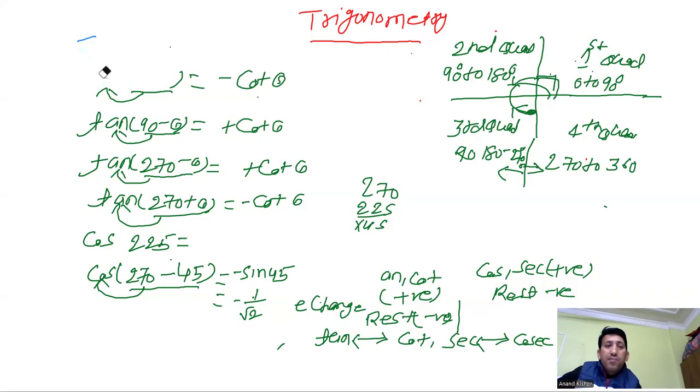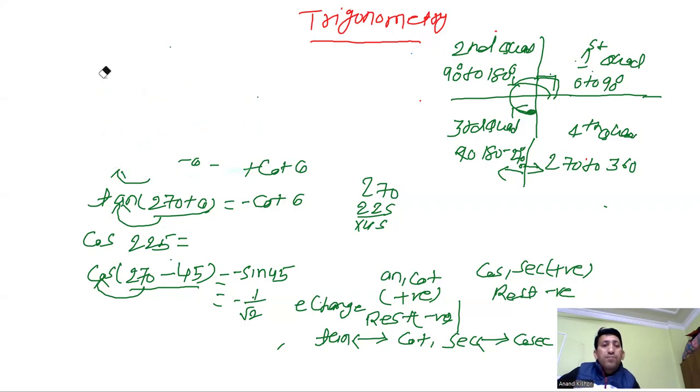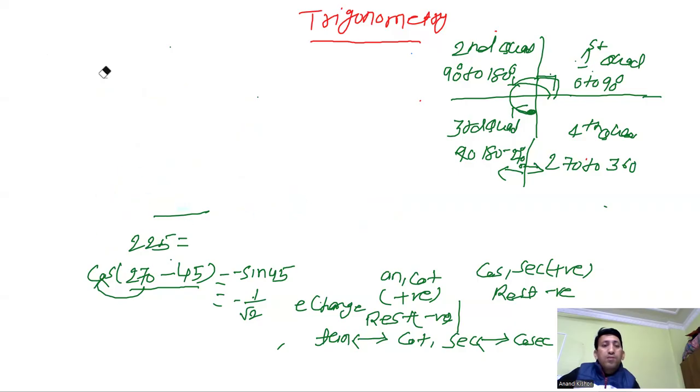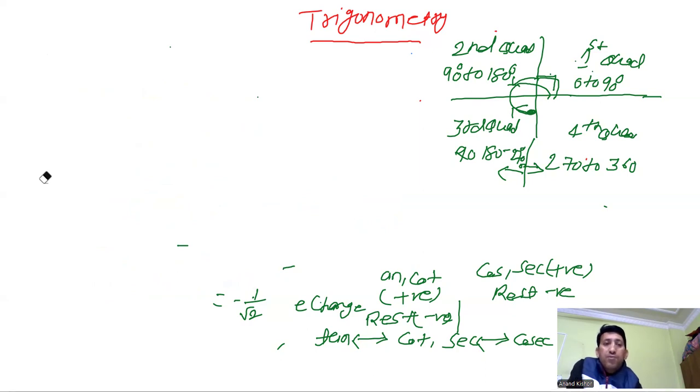Very easy it is. I am giving some more examples to understand better. If somebody asks what is the value of sine 135, again so many methods are there. Sine 135 is close to 90 and 180. First, sine 135 is written as 90 plus 45.